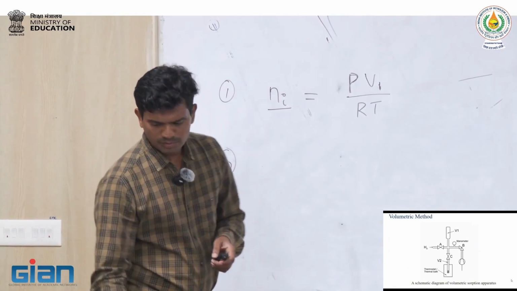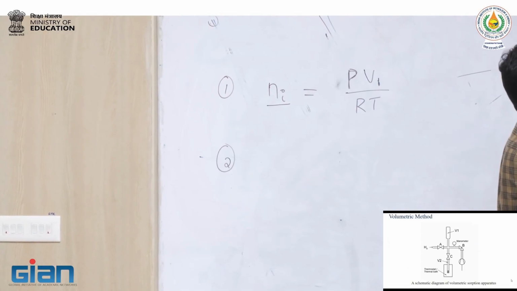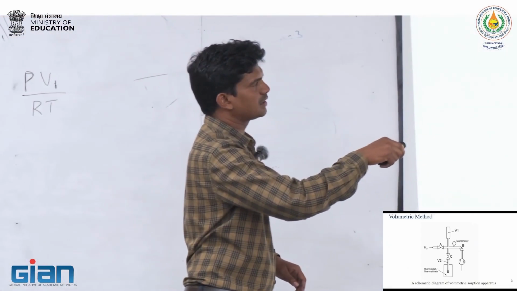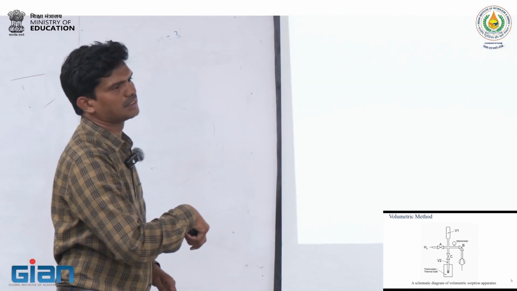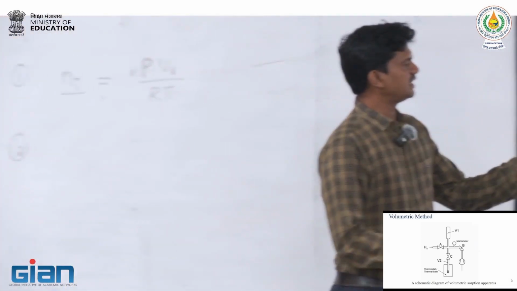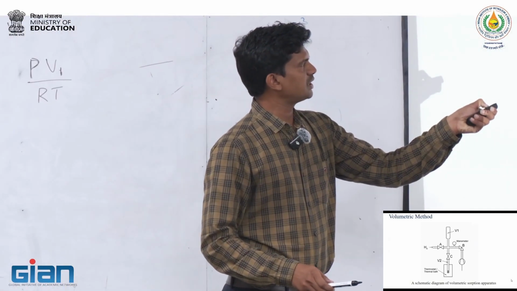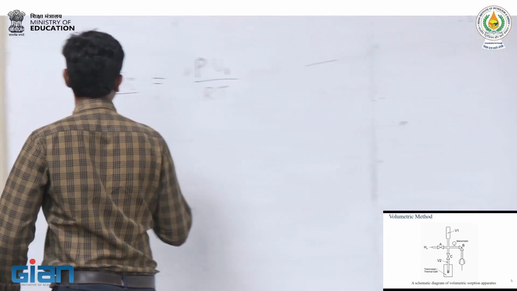Then we close valve A, once the gas has filled all of V1, and only then open valve C. That means whatever gas is in this region can flow to this region.